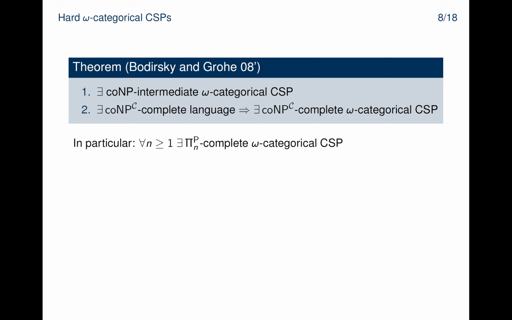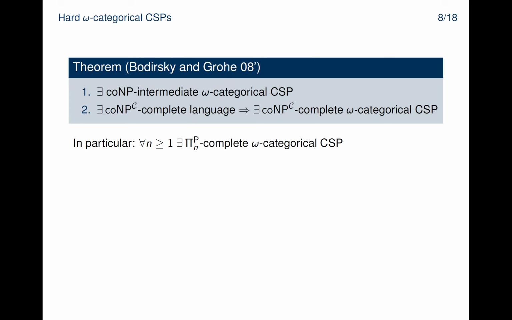And they showed, now I'm coming back to the polynomial hierarchy, that this is maybe a bit more difficult to digest: for all cases where there exists a co-NP^C complete language or problem, there will also exist a co-NP^C complete omega-categorical CSP. This condition works for all possible complexity classes C that you can imagine.